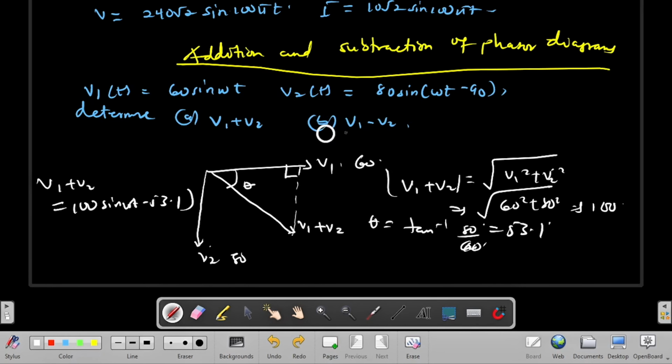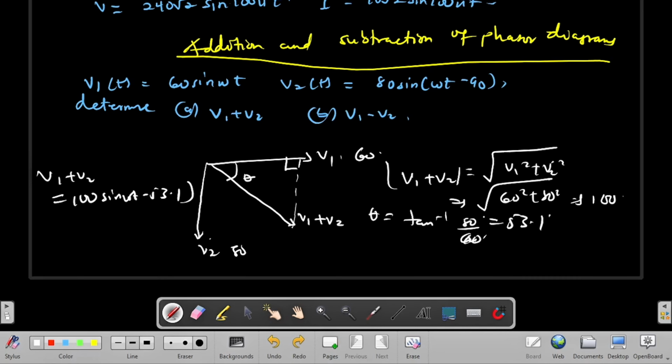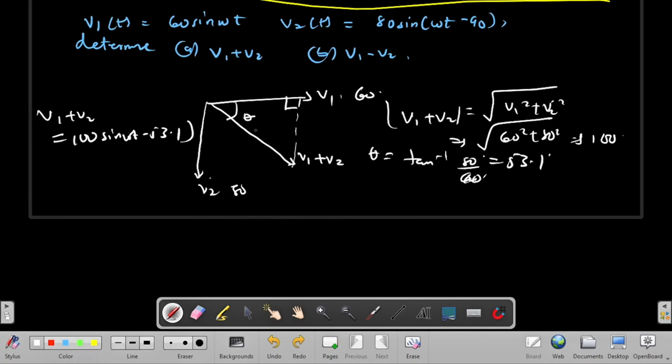What it means is we are supposed to invert V2, the negative of V2. So if V2 is pointing down, then to negate it, it should point up. And how do we do that? We need to rotate it through 180 degrees. So you are going to have V2, which is originally 80 sine omega t minus 90, plus 180 degrees.